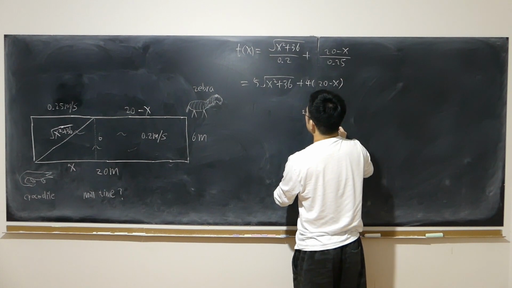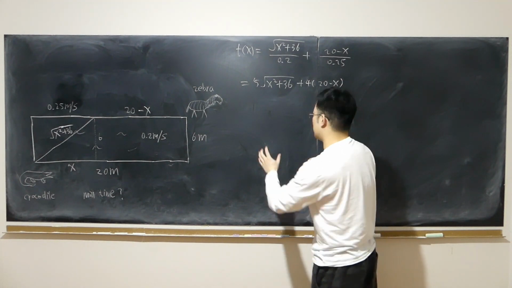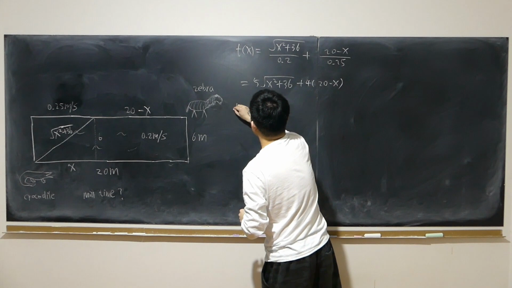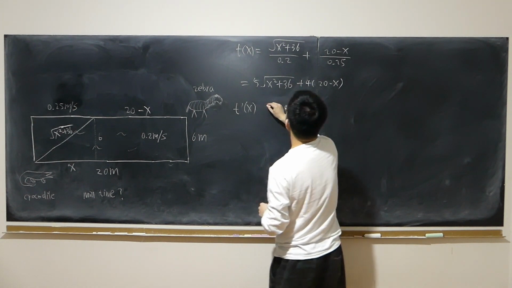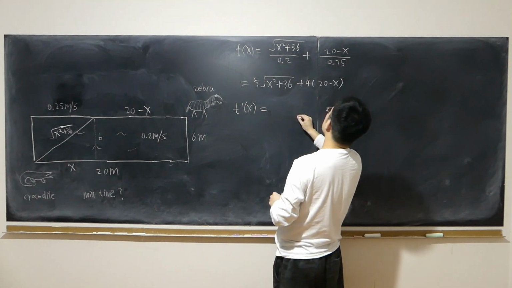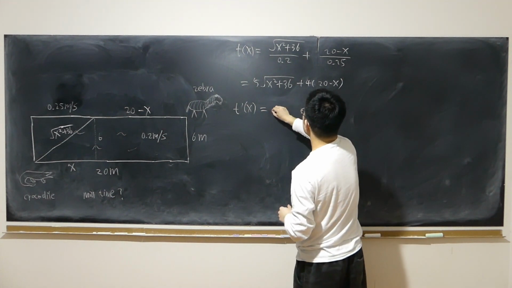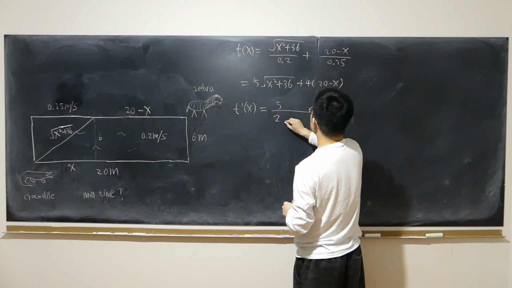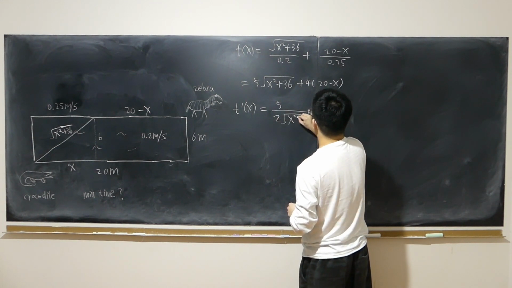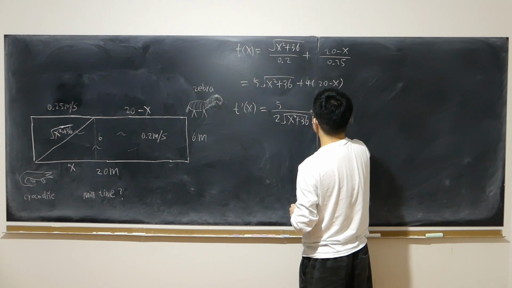Okay. Several different methods. First method, I'm going to use calculus, and so derive the derivative. I'm going to use the chain rule, of course. 5 constant, half, and the square root of x squared plus 36.